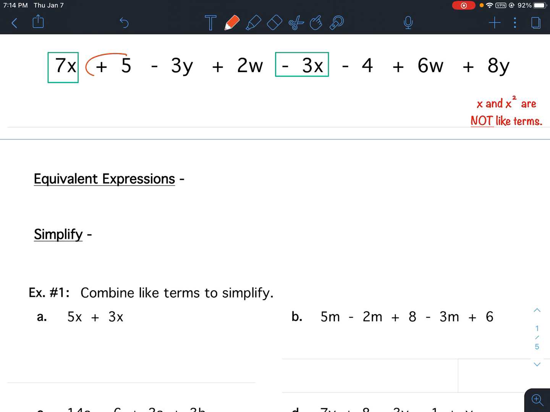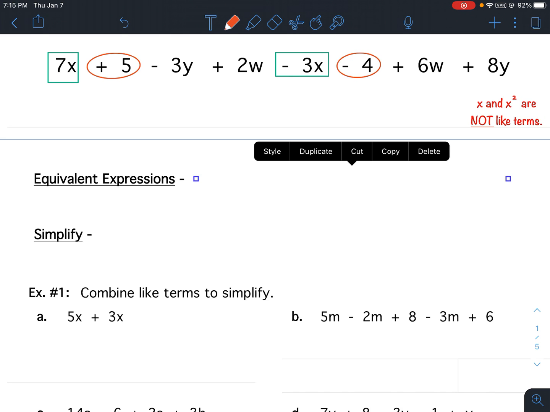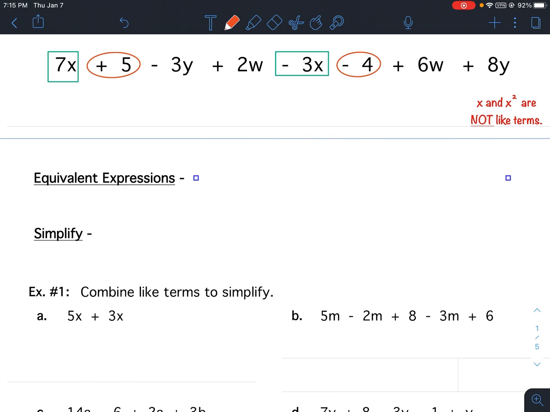The next term, if you remember, is called a constant. When it's just a number with no variable, that's a constant. So I've got a positive 5 there, and a -4 there. Notice how I'm circling that number. The sign in front of it indicates if it's positive or negative. So +5 means that's a positive 5, and -4 means that's a -4.